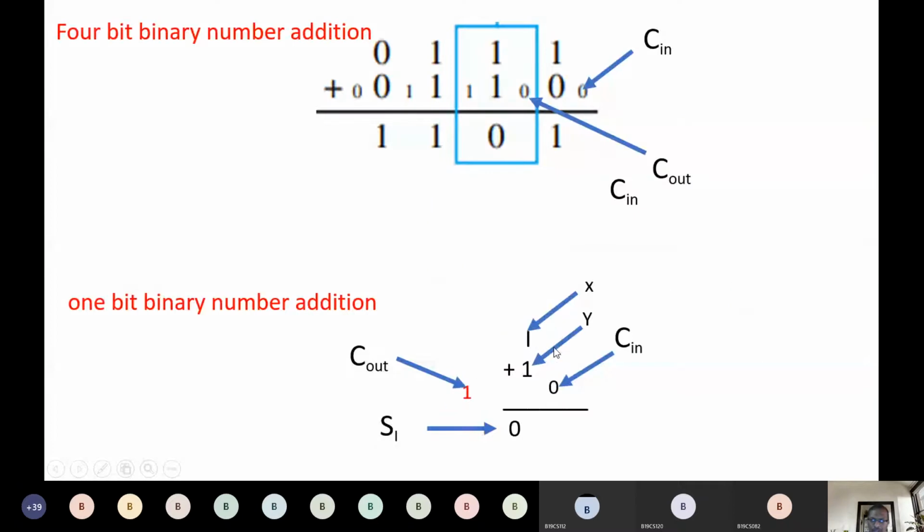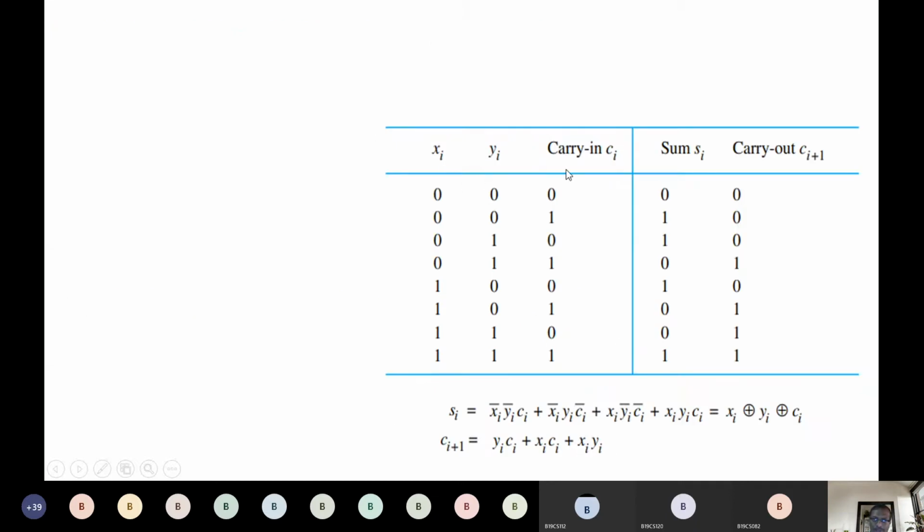One thing is, when we try to add, the inputs for the addition are not only X and Y, even the carry in we also add. So what are the different combinations of these three values? Because there are 3 bits, the total combinations possible are 8 combinations of X, Y and C. Based on X, Y and C, all the combinations are written, you can see.